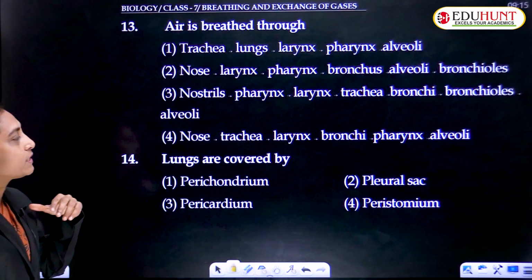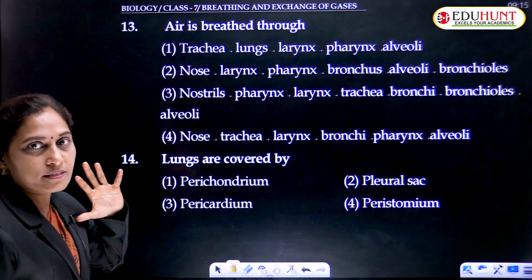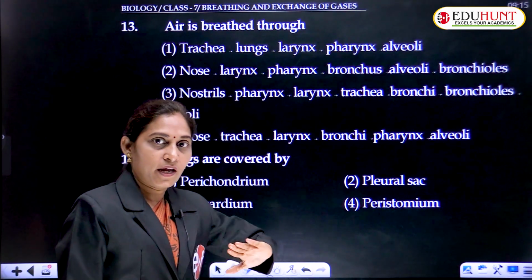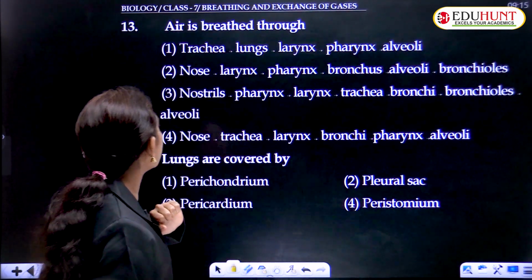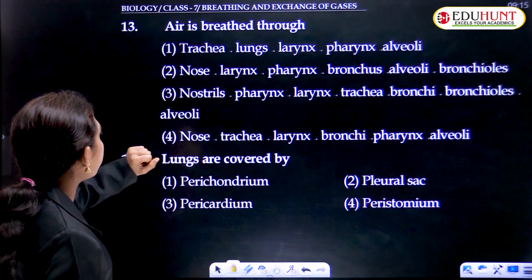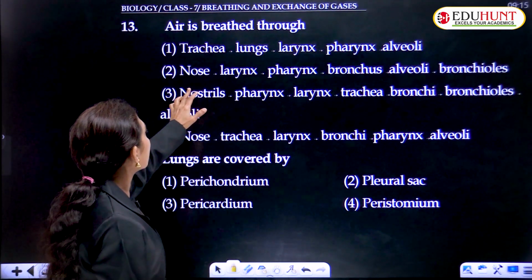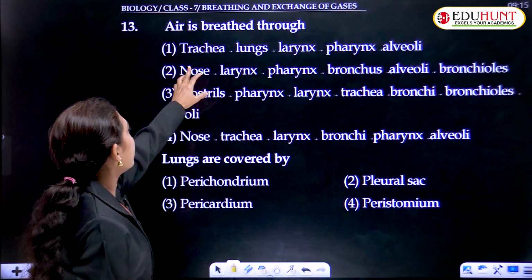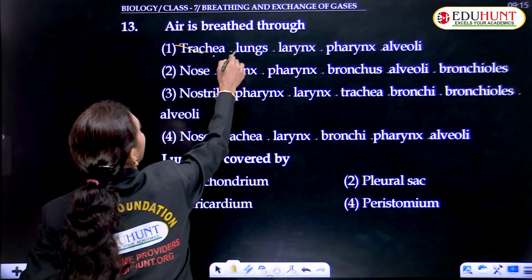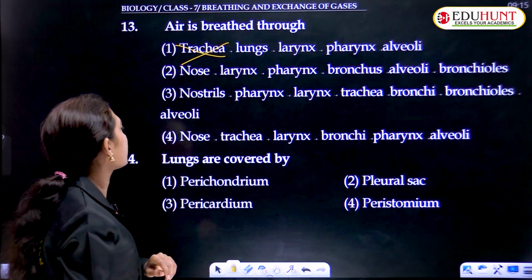Air is breathed in. What is the way of the air that is breathed in? First it enters the nose or nostrils. Let's see, it is not the trachea first, so we eliminate this option.